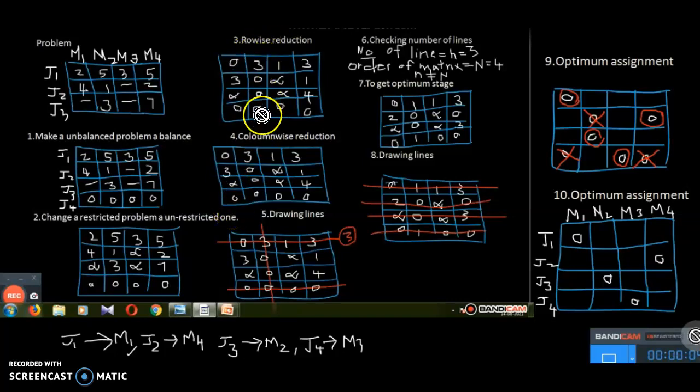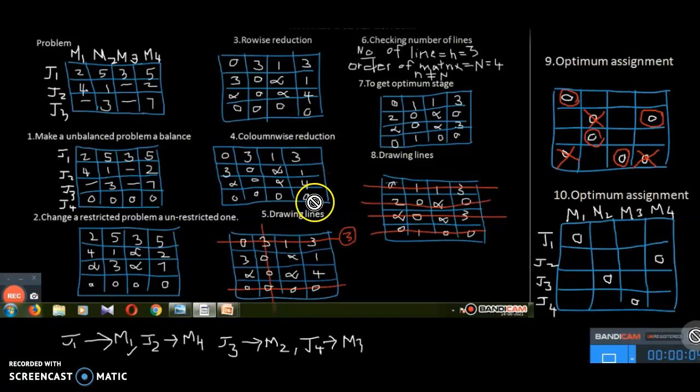Similarly here the least element is 0, 3 minus 0 is 3, 0 minus 0 is 0. So here also the least element is 0, 1 minus 0 is 1, infinity minus 0 is infinity, and 0. The last one, the least element is 0, the same column you will get. This is called column-wise reduction.